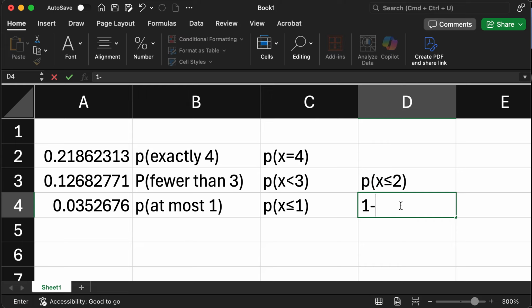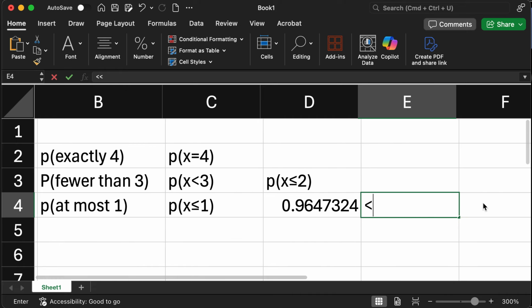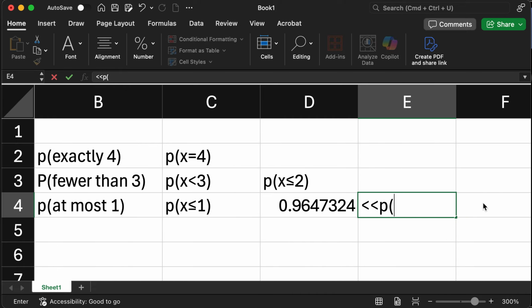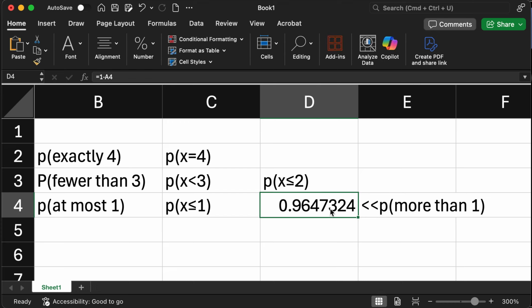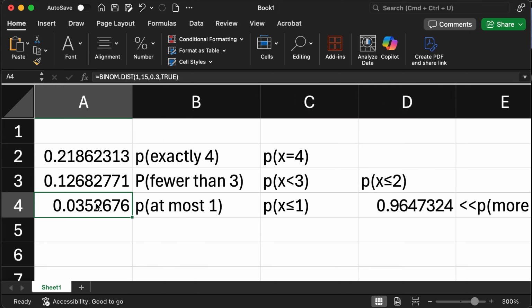Equals 1 minus this. So this is the probability of more than 1, or the probability of X greater than 1, 96.47%. Remember, to find this, I subtracted the probability of at most 1 from 1.